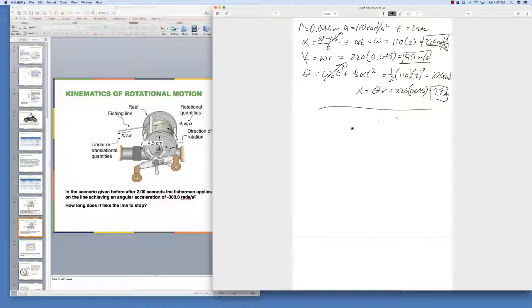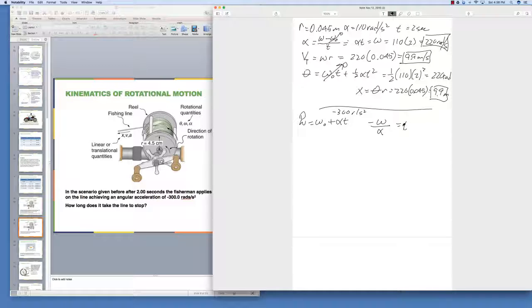This is pretty simple. We know that the final angular velocity is equal to the initial angular velocity plus alpha t. Now alpha here is minus 300 radians per second squared, and we know that the final is 0. So that means t is equal to minus omega naught divided by alpha.